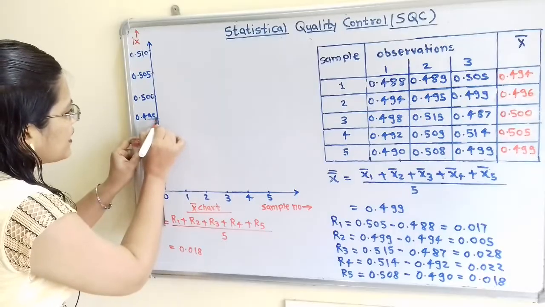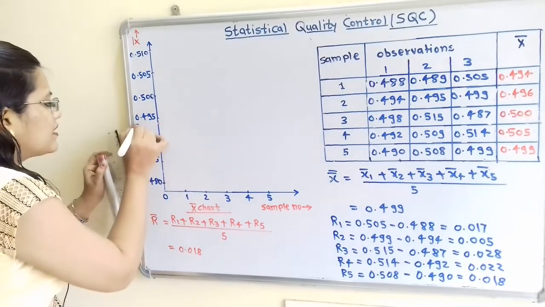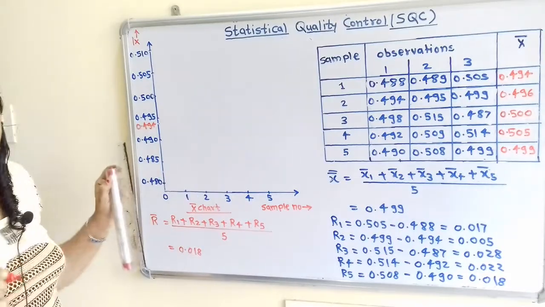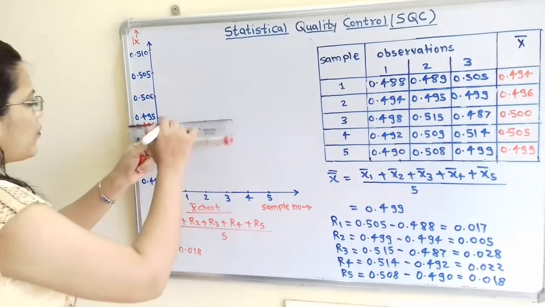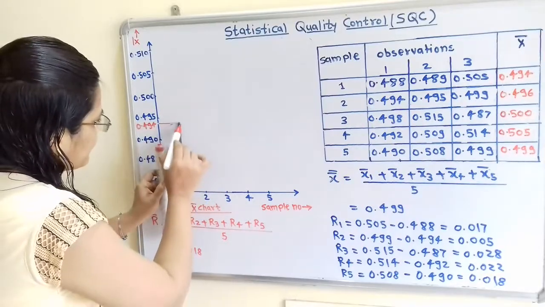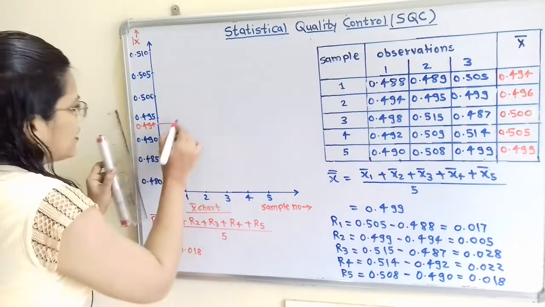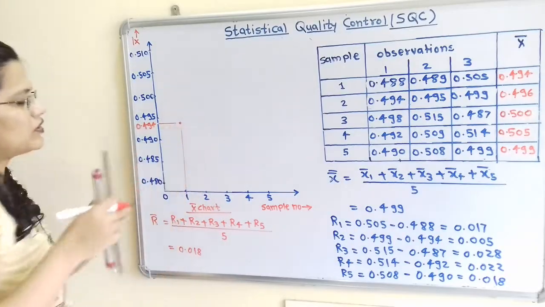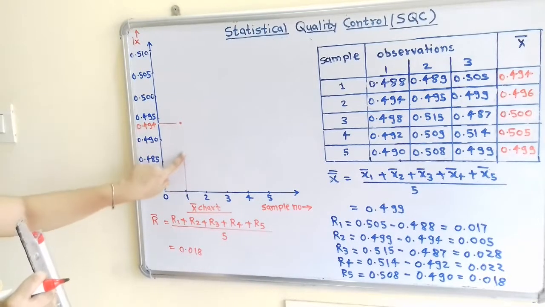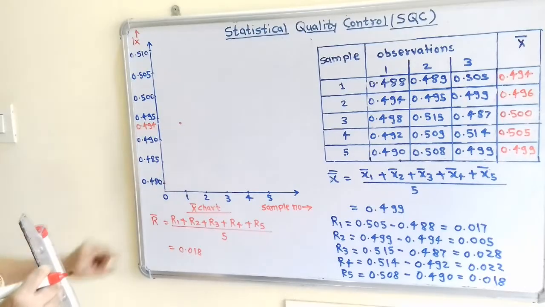So if I take 1 centimeter before this 495, then here is 0.494. So I will take here the point of intersection. If I draw a rough line from 0, and this is the vertical line, then here is the point of intersection. So this point of intersection is our first observation. So I will remove these rough lines.